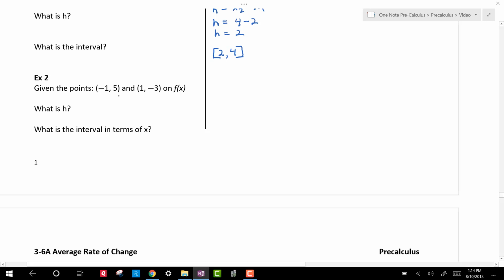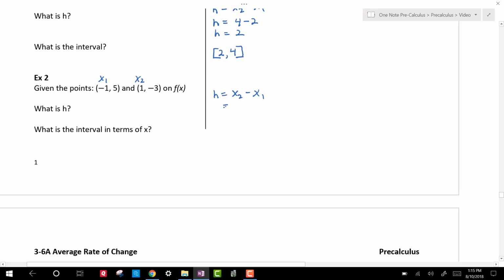Given the points (-1, 5) and (1, -3) on f of x, what is h? Again, using my formula, h equals x2 minus x1. Here's my x1, the smaller one, and here's my x2, the larger one.